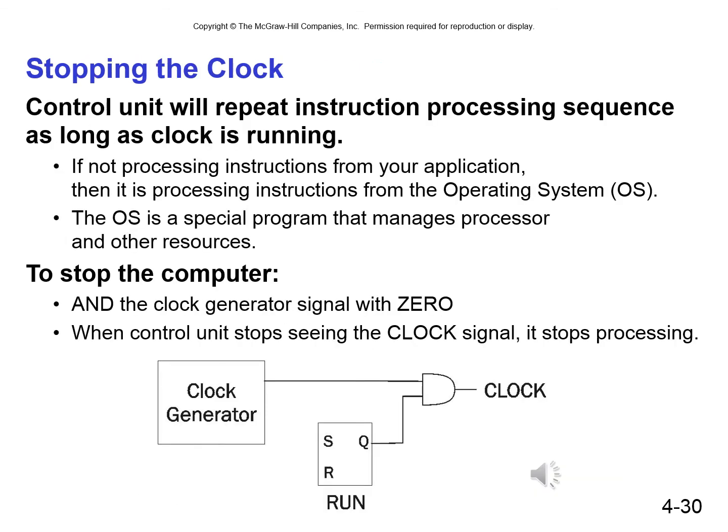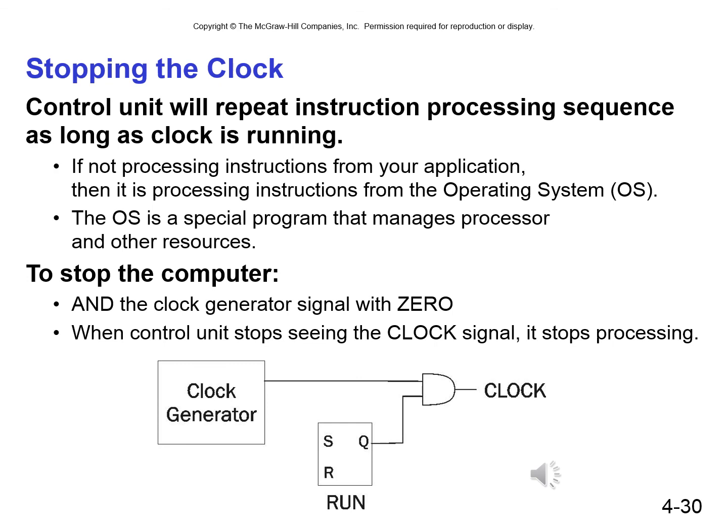One of the things you'll find when we write our first program is the control unit will continue to repeat instruction processing, grabbing instructions as long as the clock is running. There is a way to stop the clock.